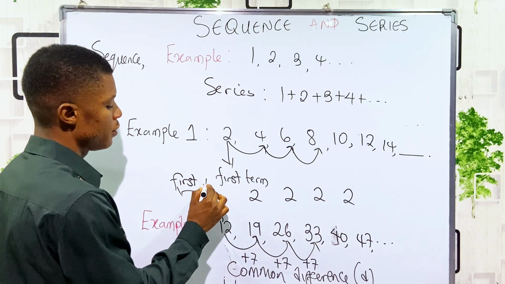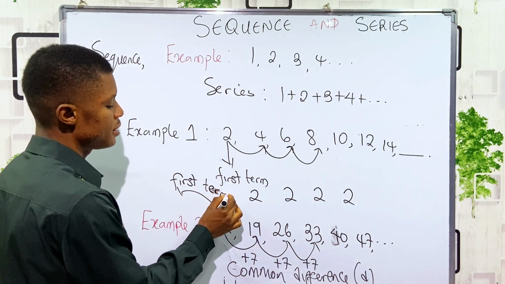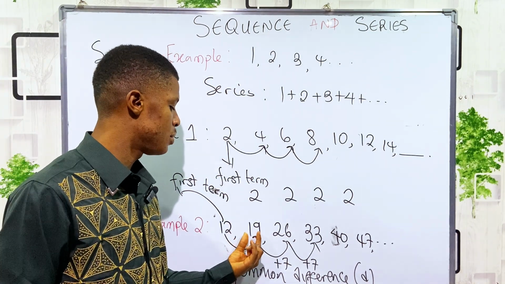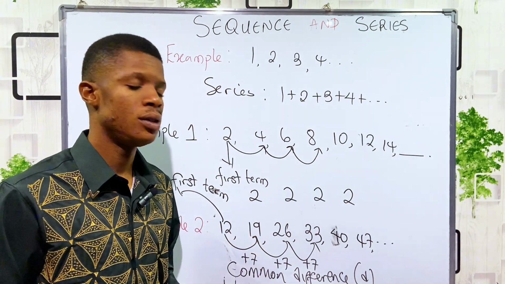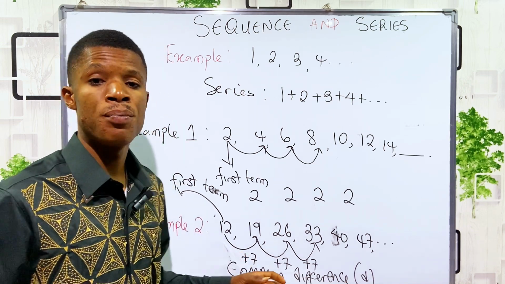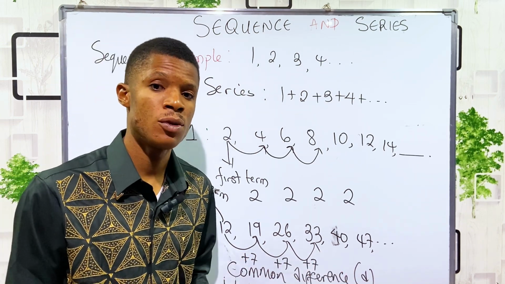So the first term starts the progression, and the difference that exists between each term is called the common difference. It can be negative, it can be positive, it can even be decimal numbers.